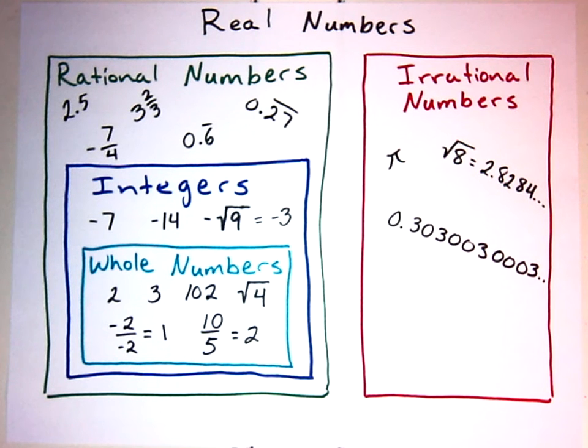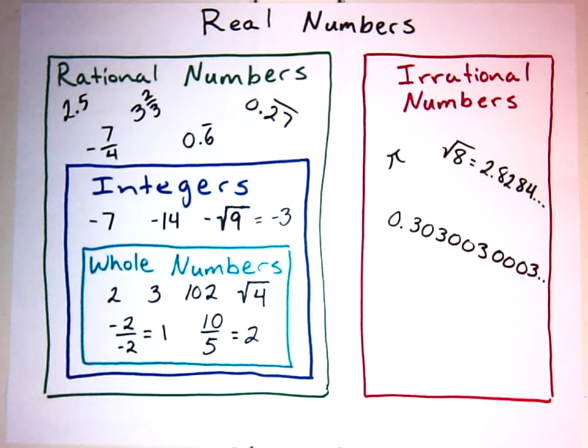Okay? Now, whole numbers are also integers. Notice how the whole number box is in the integer box, right? All those numbers that are whole numbers, they're also integers. Okay? For integers, what this adds on is the negative versions of the whole numbers. So we see, for example, negative 7, negative 14, okay?